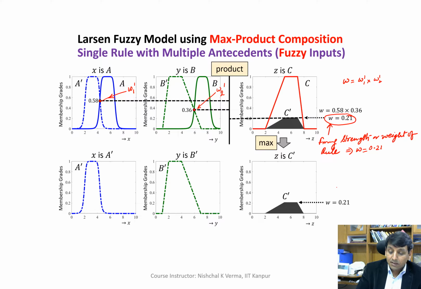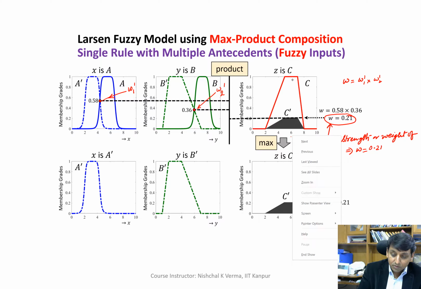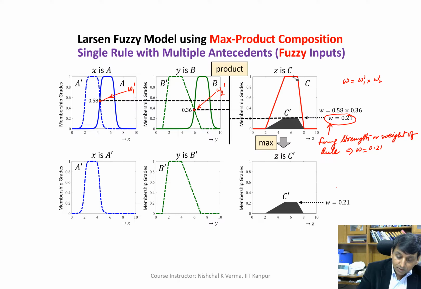And with this, now let us scale down the output. So when we scale down the output here to 0.21, this is a scale down.